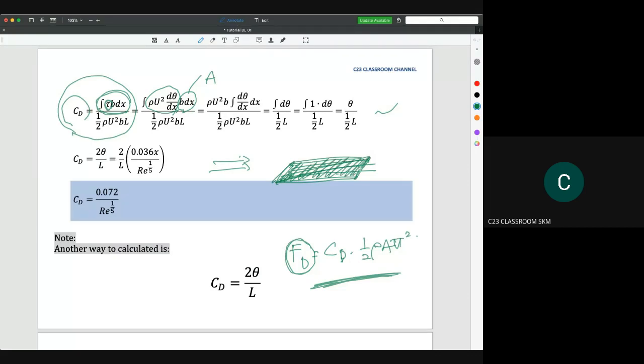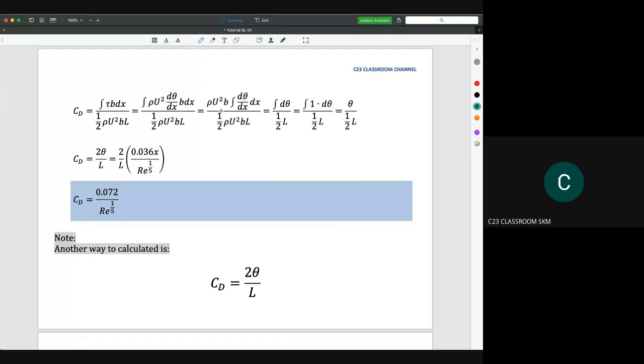If we integrate this term, we can cancel the dx here, and then we are integrating d theta. We can bring out all the terms, the rho, the u and the b, which don't have any relation with theta.